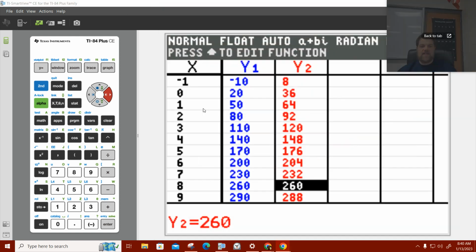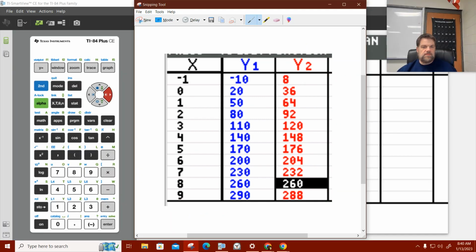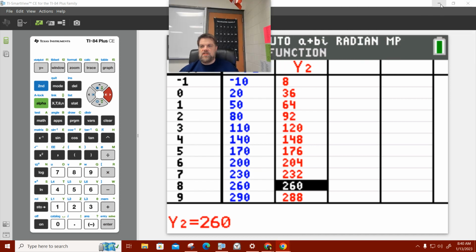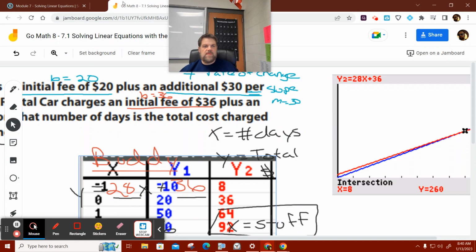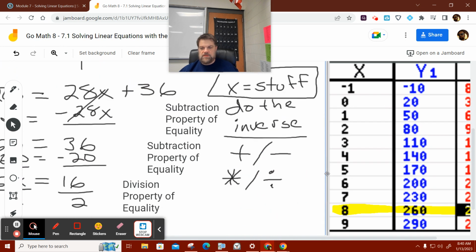So I'm going to take a screenshot of that, and then I'm also going to highlight that. Okay. And I'm going to put that over here. And so let's look at that in our notes. So I'm going to slide this back over here.